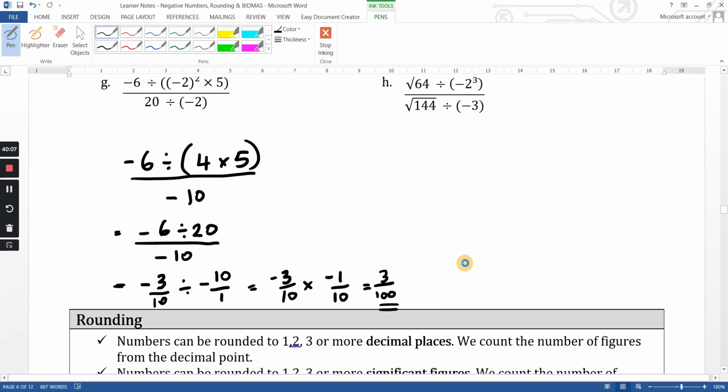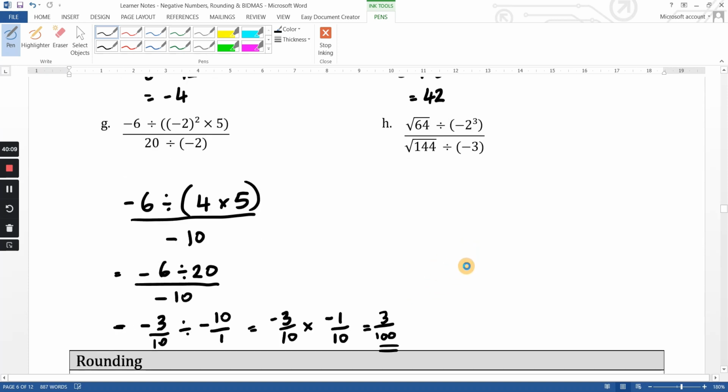That's absolutely fine. And the last one, part H. Again, square root of 64 is 8 divided by minus 2 cubed. So that's minus 2 times minus 2 times minus 2. Minus 2 times minus 2 is positive 4, times another minus 2 is minus 8.